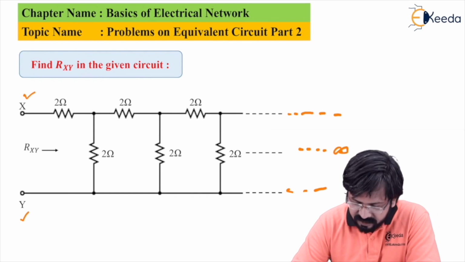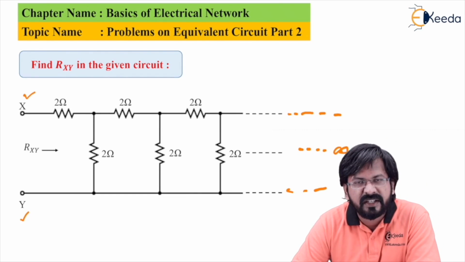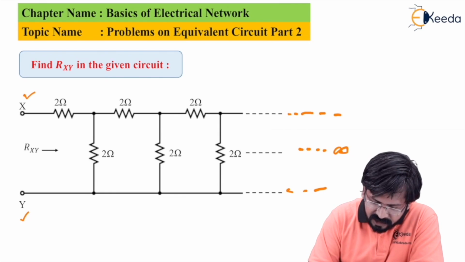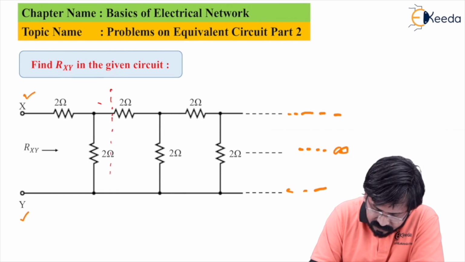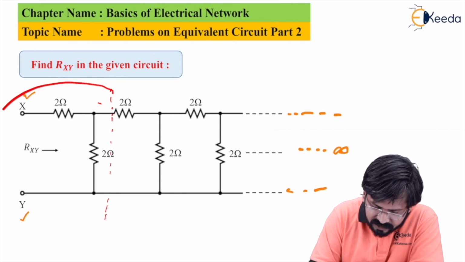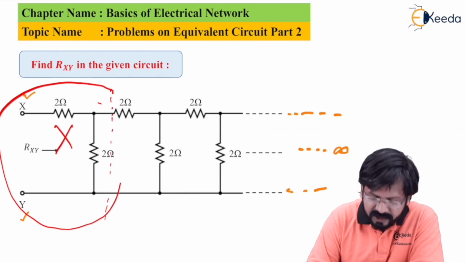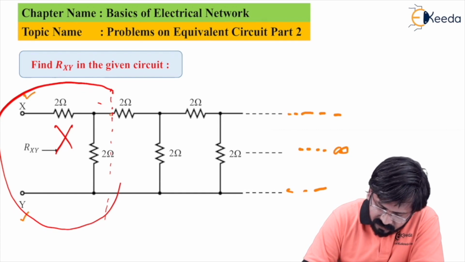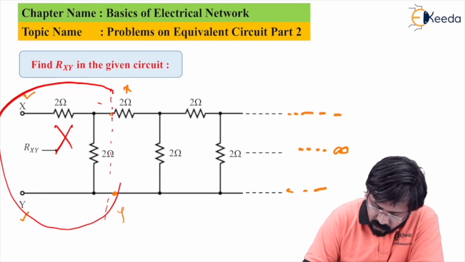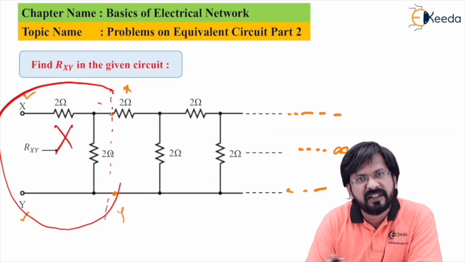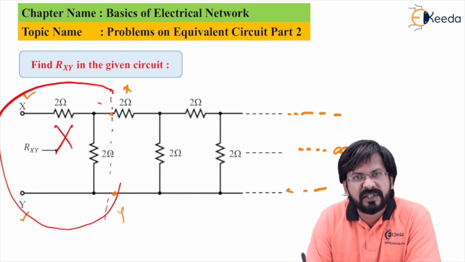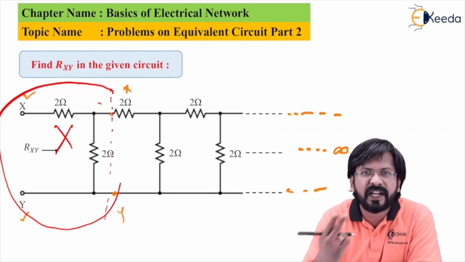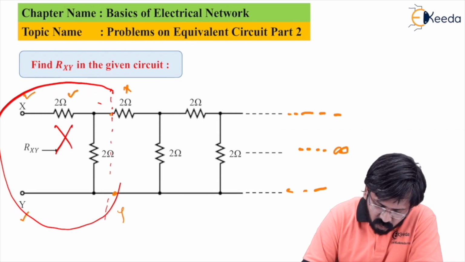We know the fact that this is going up to infinity. So even if, let's say, 2 resistors are moved from this, like let's say this part is removed from the circuit, still if I again take X and Y point over here, I'll still get the same resistance value, meaning that out of infinity resistance, I'm just trying to move only 2 resistors, which is this 2 ohms and 2 ohms.